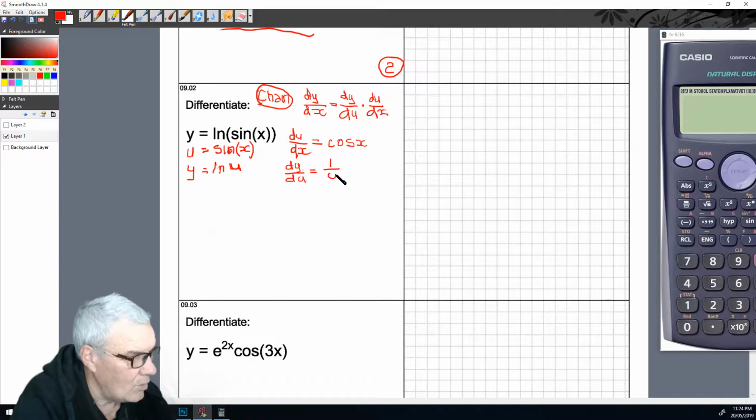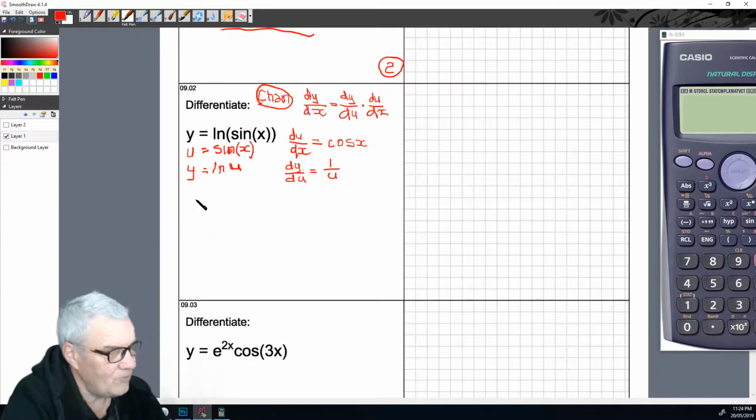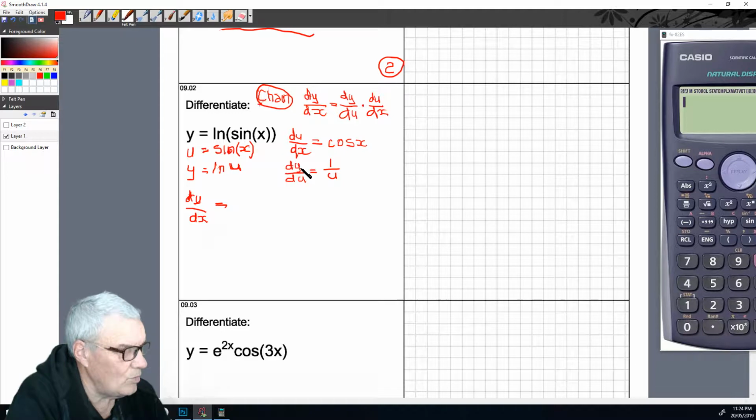So putting them together, dy by dx equals dy by du, 1 over u, times cos x.